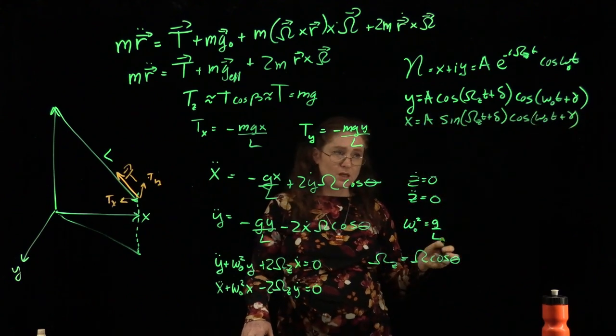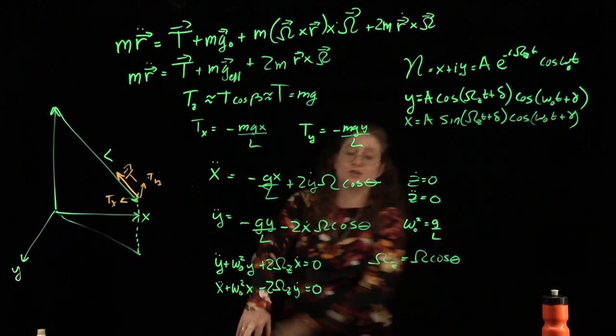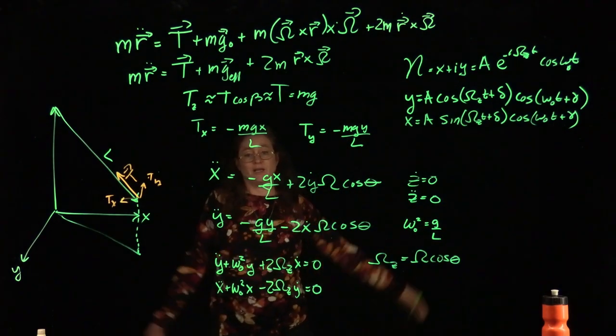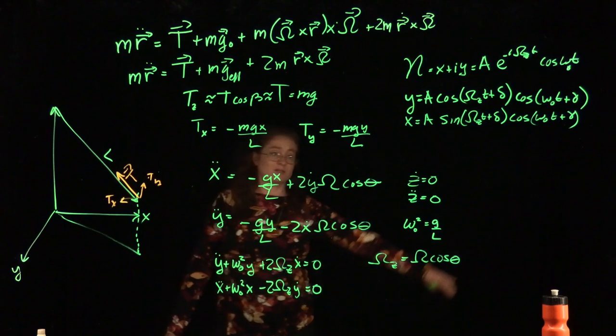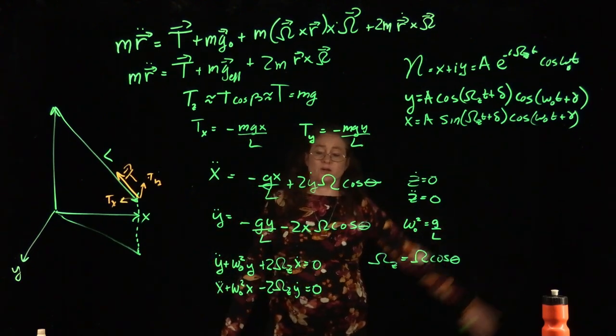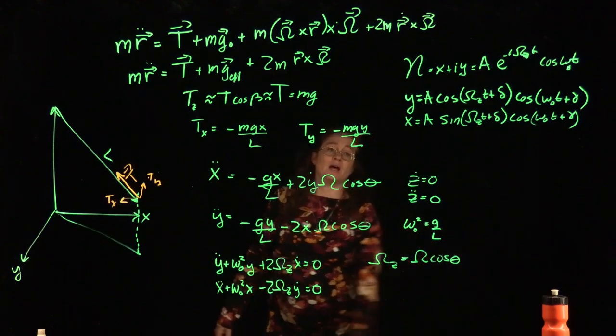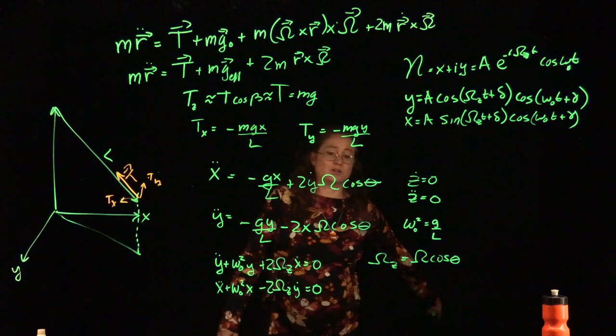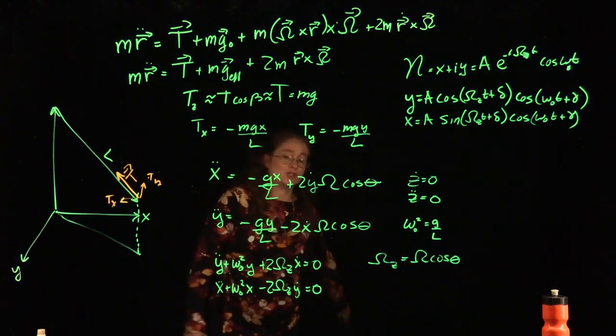So here you have some initial oscillation, which is just our pendulum moving in a plane without considering a rotating coordinate system. So the omega naught squared is g over L. You have that oscillation, but on top of that the x and the y components are changing.